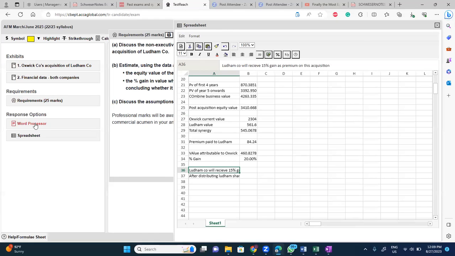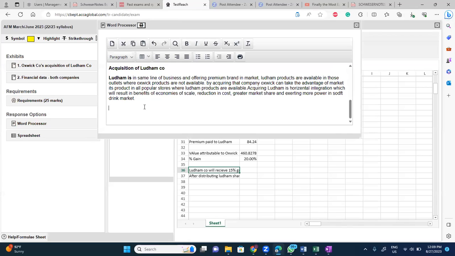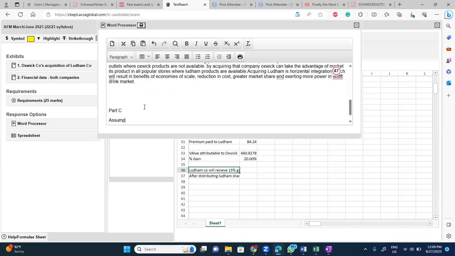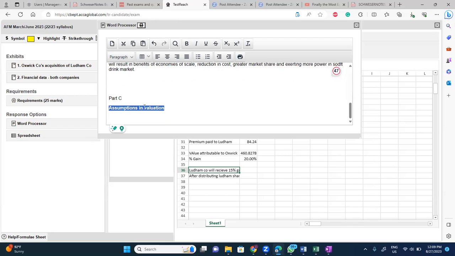By the way, I'm writing the assumption here because cells are not properly working. Part C. Assumptions in valuation. Many assumptions. First is discussion of 40% cut in PE ratio.